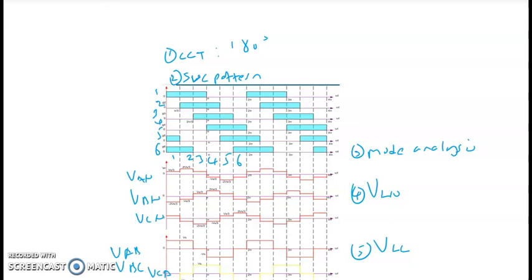So this is the sequence: we draw the circuit, get the switching pattern, do mode analysis of each mode, then the line to neutral pattern, then the line to line pattern. The mode analysis we just performed for mode 1 must also be performed for modes 2, 3, 4, 5, and 6. Only then are we able to decide.